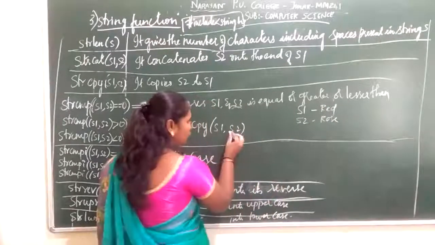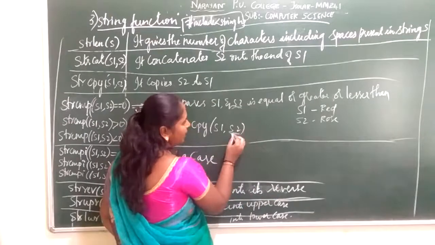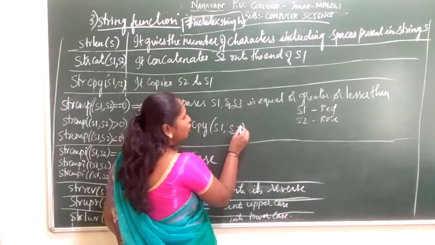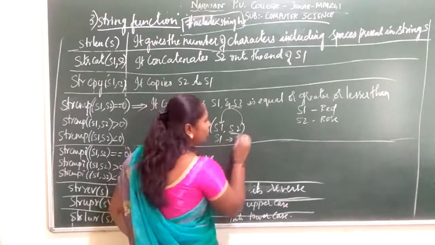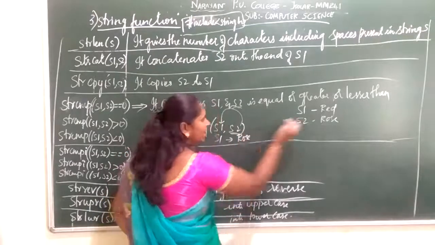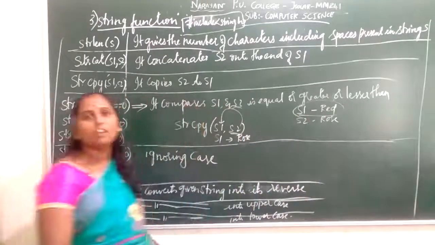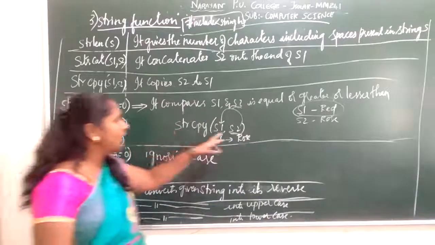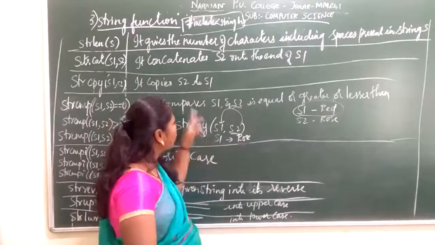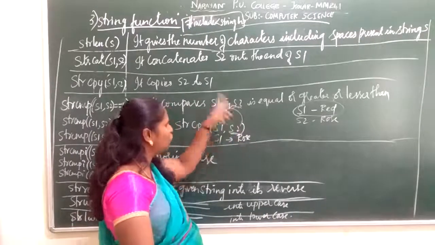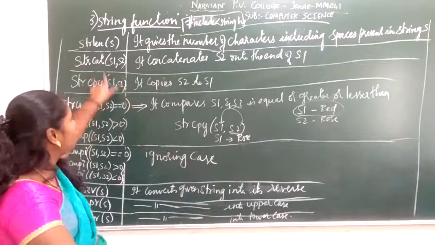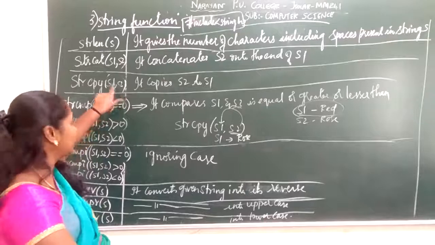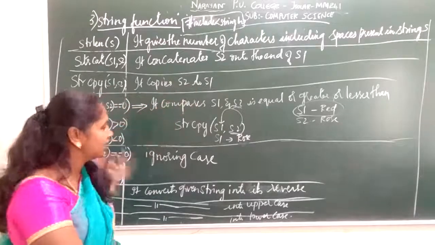So rows will be copied to S1. When you go and check S1, you have rows. The red will not be present in your S1. That is, it copies S2 to S1. That is nothing but string copy, that is, string 2 will be copied to string 1.